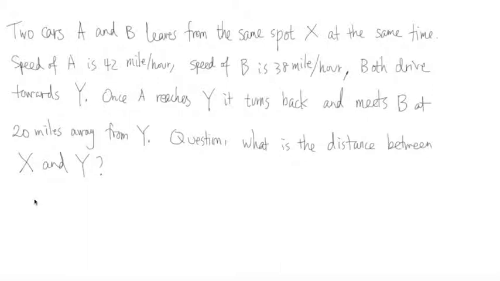So you have 2 cars now, leaving from the same spot, X. There's A and B, 2 cars going from the same spot, and they both go towards Y. A's speed is given, 42, and so is the speed of B. And A is a little quicker, so when A reaches Y, it actually has time to turn back, and then it encounters B at a point.